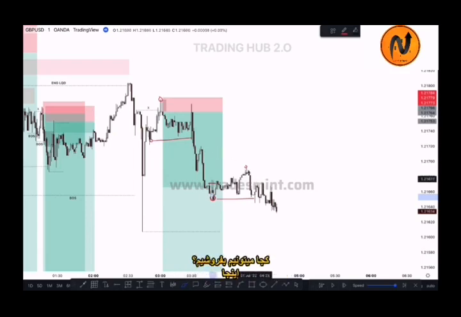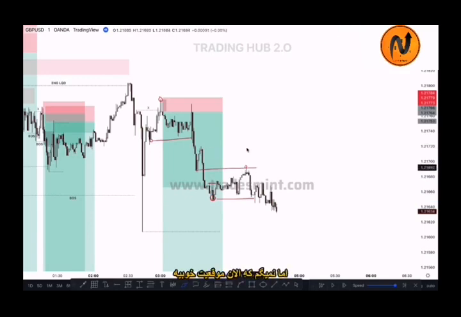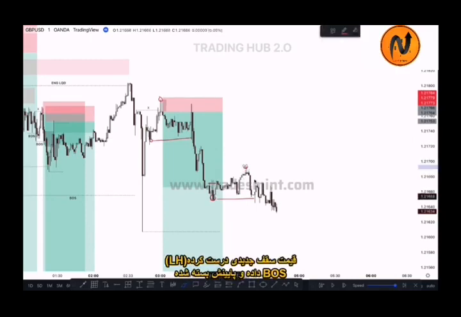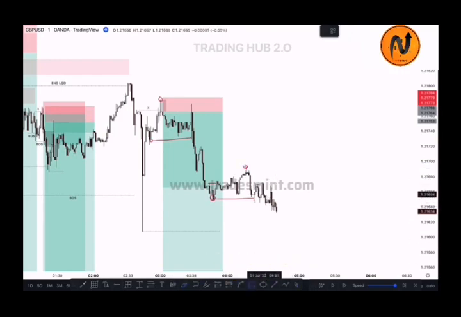When can we sell? We can sell here because this is inducement, and we can sell in this zone. But I'm not saying this is good for you yet. Okay, it takes a lot of experience. So what happens: the market creates a new lower high, breaks the structure, closes below it, and the market takes out the recent low, and we can sell here, which is really good.